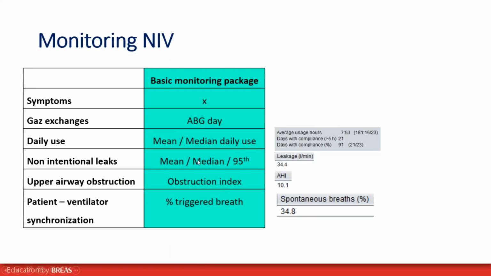Regarding upper airway obstruction, we can look at the apnea-hypopnea index, which is also a statistic. And regarding the synchronization, we can look at the percentage of triggered breaths, which gives a rough assessment of the synchronization.